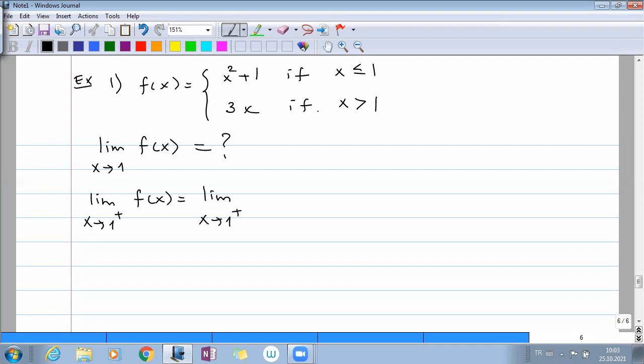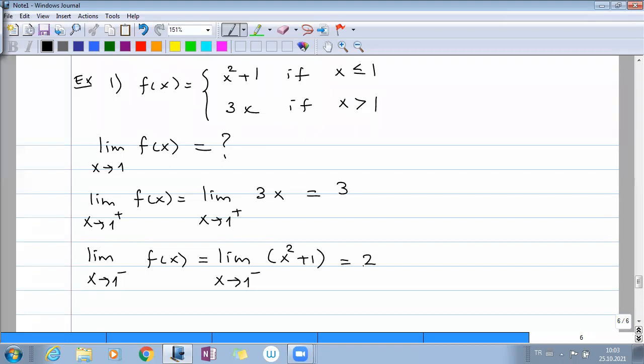And when x is greater than 1, the function is given as 3x. So the right limit is 3. And when you're checking the left limit, now x is less than 1. When x is less than 1, the function is defined to be x squared plus 1. So the left limit is equal to 2.